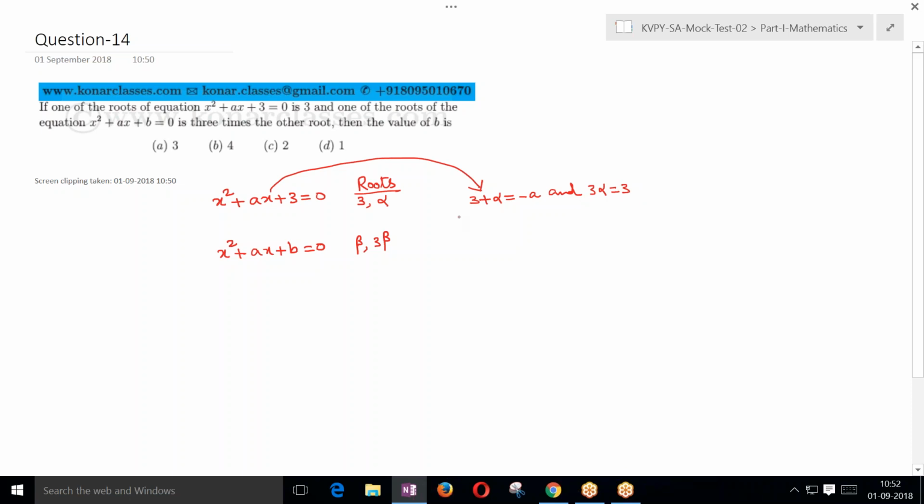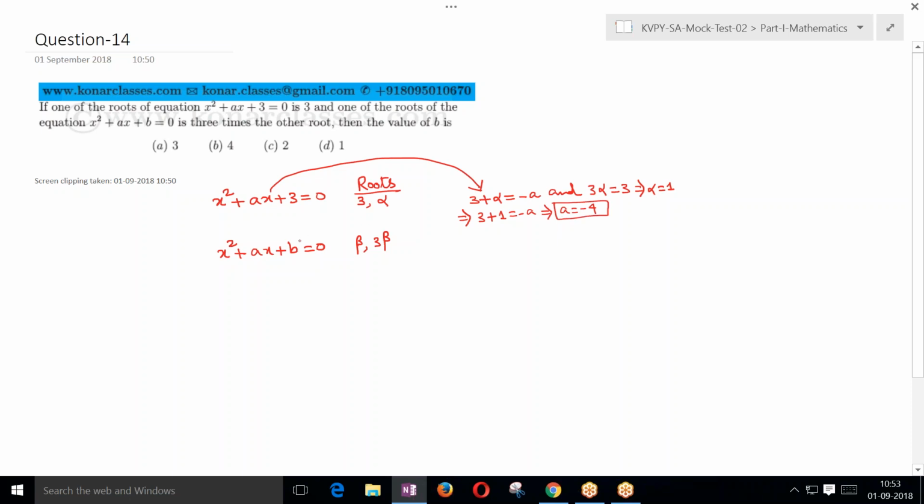So now if you simplify further, 3 alpha equal to 3 implies alpha equal to 1. And with that value of alpha equal to 1, 3 plus 1 is equal to minus a, and it gives a is equal to minus 4. That is the first value we get. a is equal to minus 4.